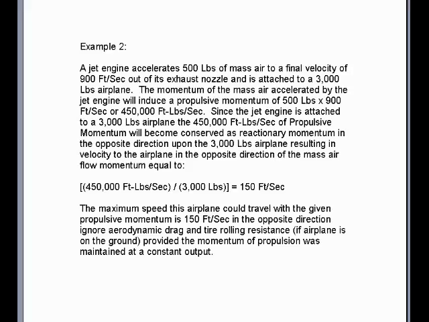The maximum speed this airplane could travel with the given propulsive momentum is 150 feet per second in the opposite direction, ignoring aerodynamic drag and tire rolling resistance if the airplane is on the ground, provided the momentum of propulsion was maintained at a constant output.